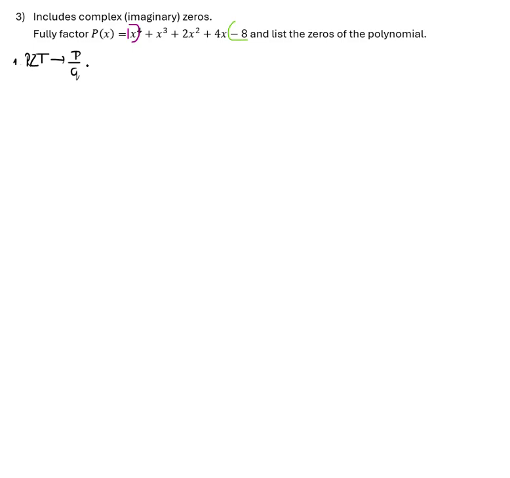So when I write these out, I'll need all the factors of -8, and I will put those over the factors of 1. So that's going to be plus or minus 1, plus or minus 2, plus or minus 4, and plus or minus 8.